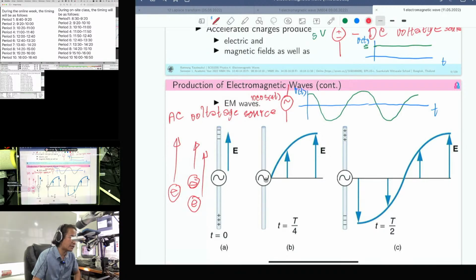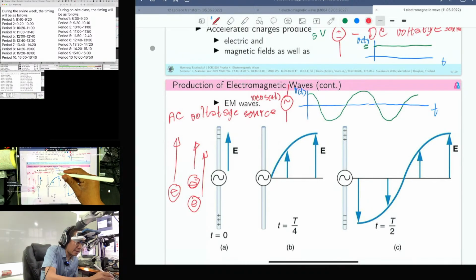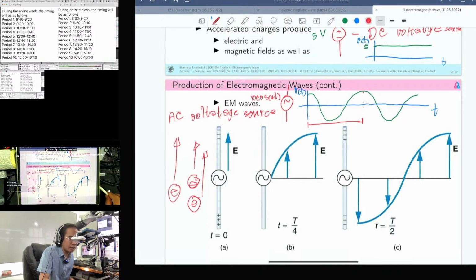And once you let the time go by a period divided by 4. What is period? Period means the time that you spend to observe a complete single cycle of the wave.